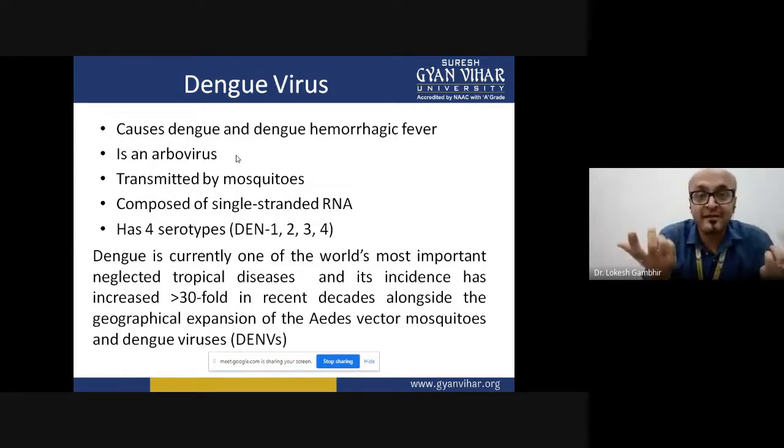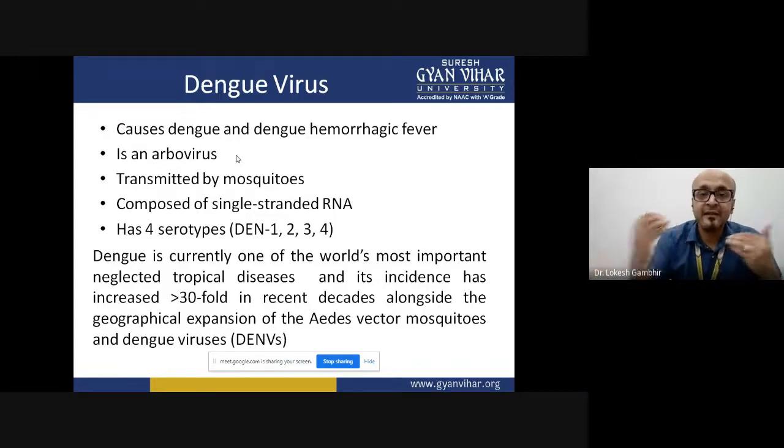Or depending upon the disease: immunodeficiency virus, HIV, hepatitis virus. That is the attribute picked up in naming this dengue virus. Why? Because it causes dengue.